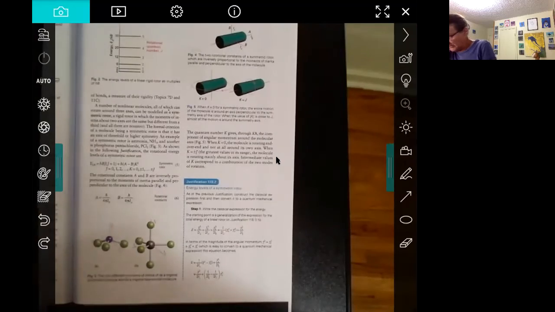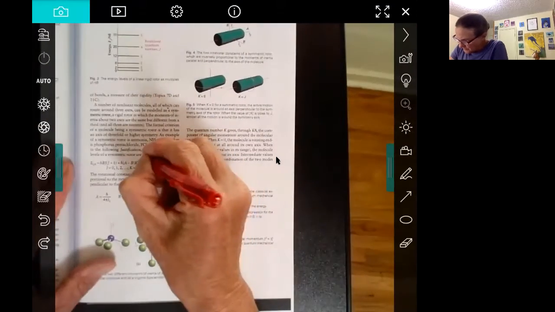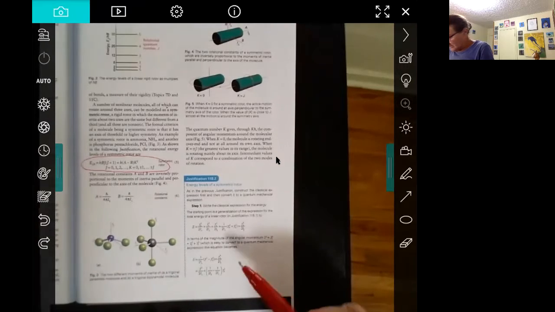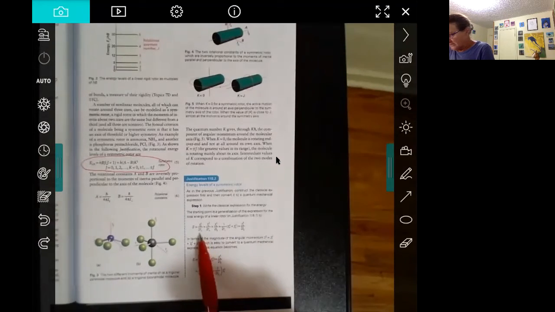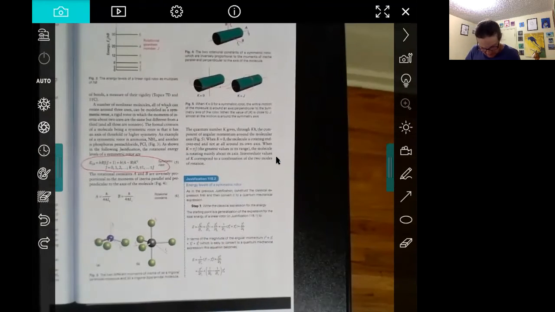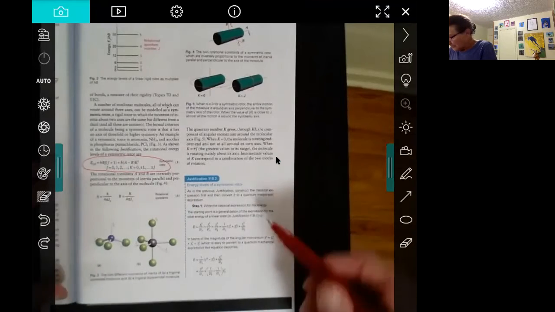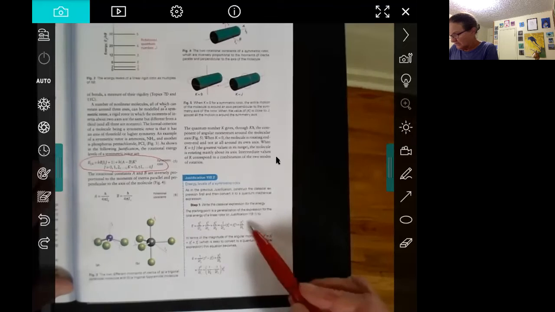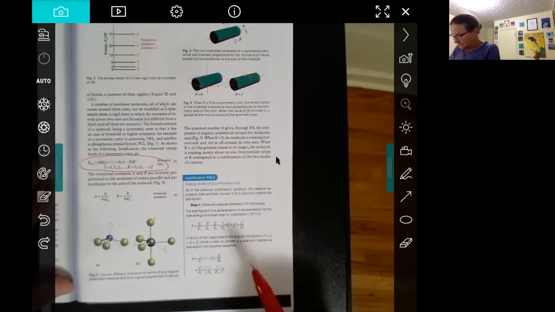So when you figure out where this equation came from, you go through this that says that the energy is going to be the angular momentum squared over 2 times the moment of inertia, for each axis. I did not put that on my sheet of paper. And so 2 of these are the same with the same moment of inertia, so we can group those together. And the J term then is different.